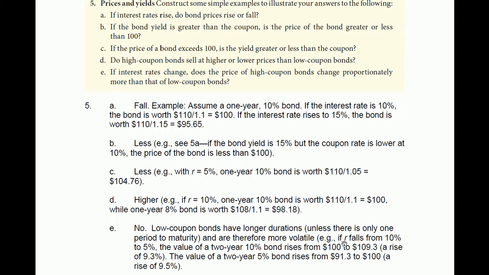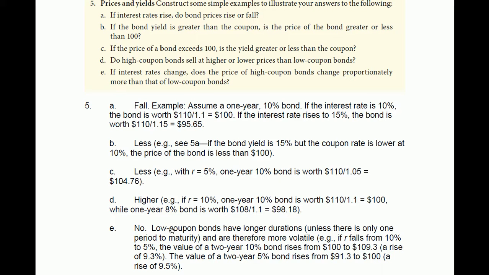For example, if interest rate falls from 10% to 5%, the value of a 2-year 10% coupon bond rises from 100 to 109.3, while the value of a 2-year 5% coupon bond rises from 91.3 to 100. So we can see that the lower coupon bond has longer duration, thus it has higher sensitivity to interest rate change.